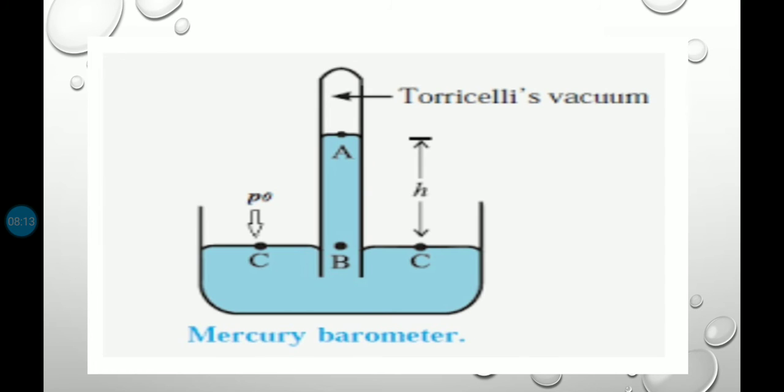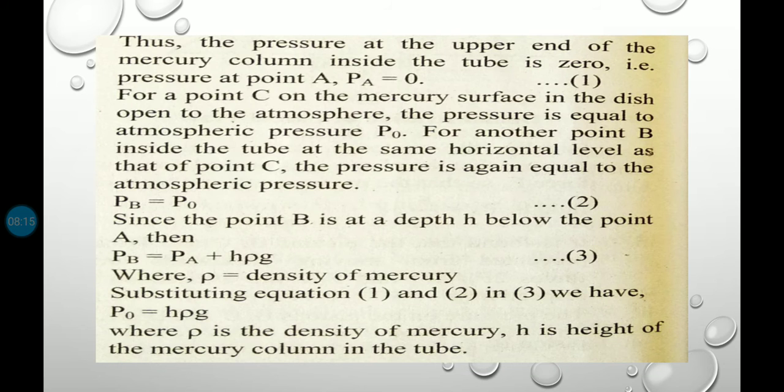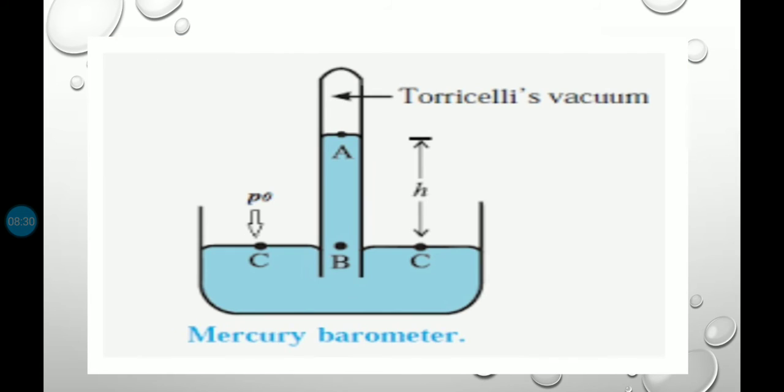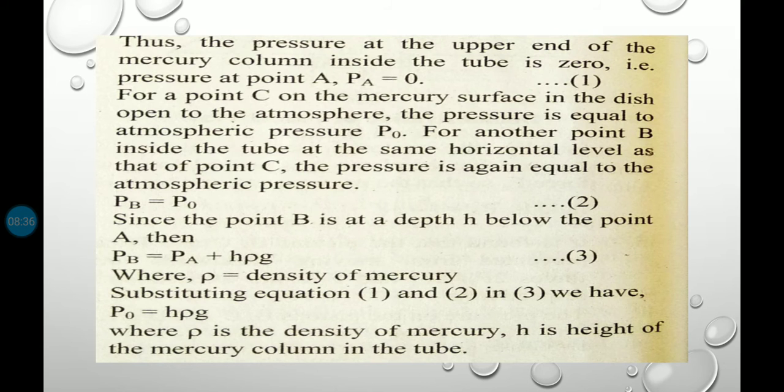Thus, the pressure at the upper end of the mercury column inside the tube is zero, that is, pressure at point A, that is PA, is equal to 0.